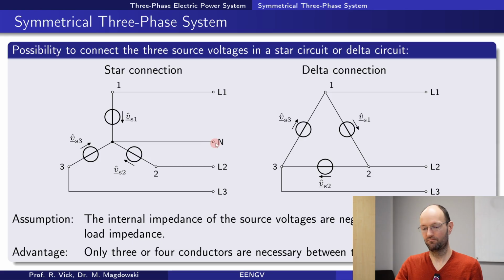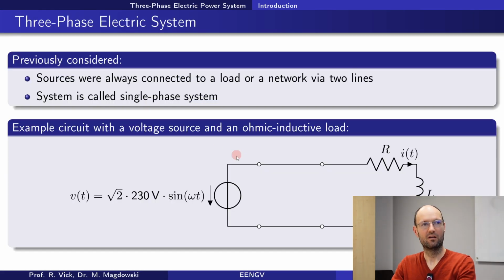If I really go back to the beginning of my slides, here we transmit a certain amount of power, and we need to have 2 wires, a forward conductor and a return conductor. And of course, now you might say, okay, a 3-phase system is just, we take 3 single-phase systems and combine them with each other, but then we would need to have 6 wires in total to distribute 3 times the amount of power.